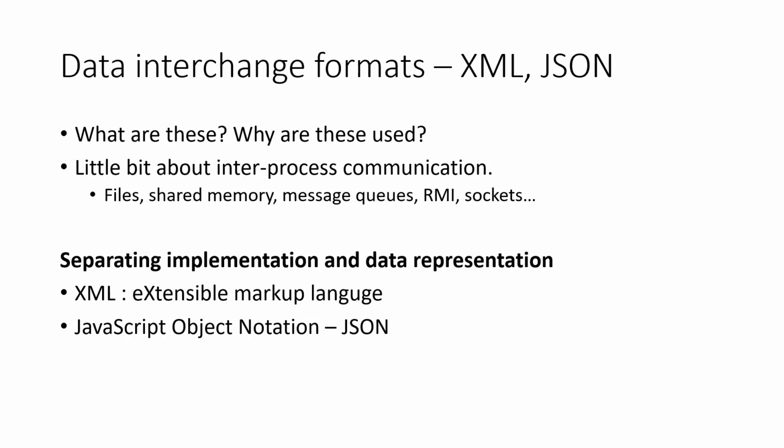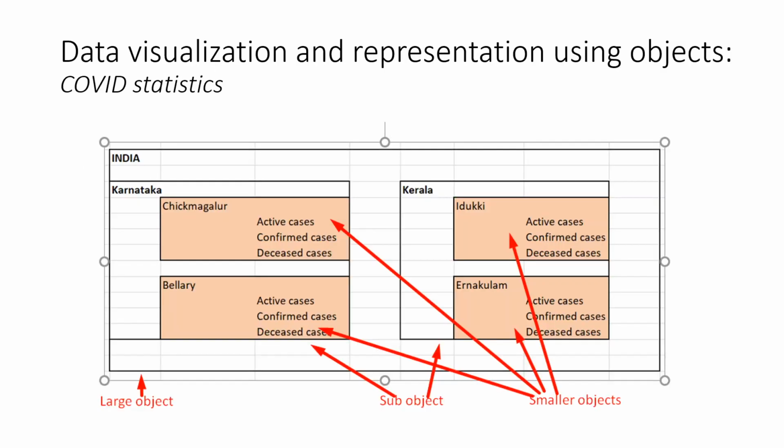Okay. Coming to how we relate to our example, say we have a dashboard. Every day the newspapers and news channels show dashboards telling that in India, in Karnataka, this many cases are reported: confirmed cases, active cases, deceased cases, and such statistics are shown every day.